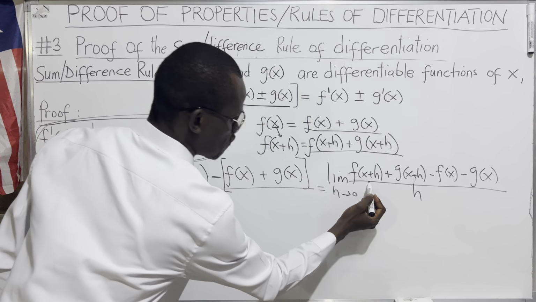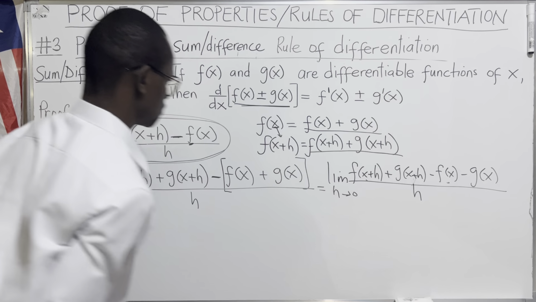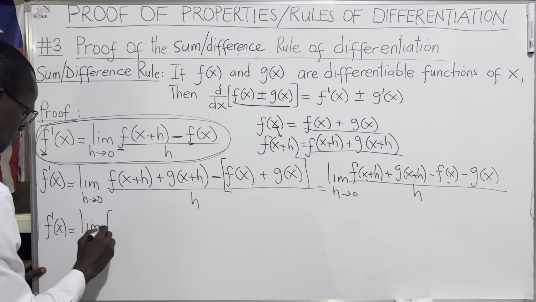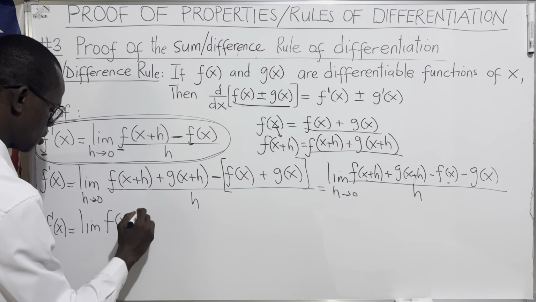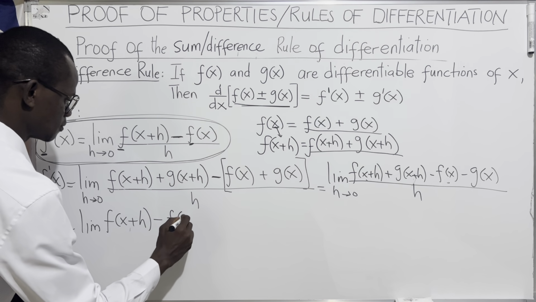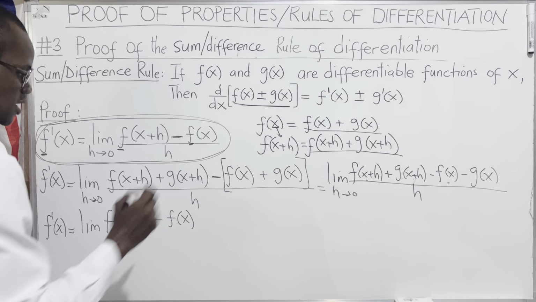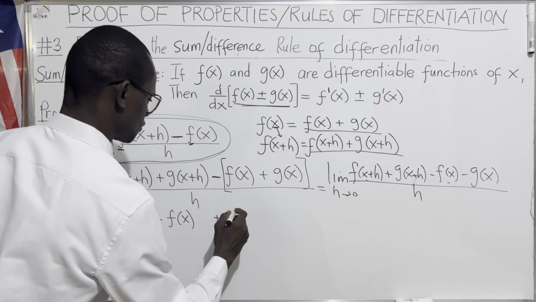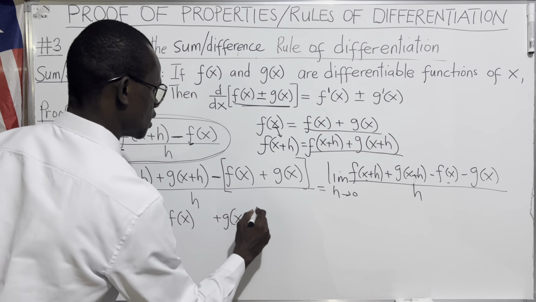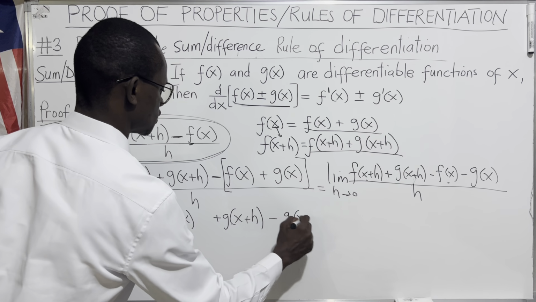So now we can take the first and the third terms, f of x plus h minus f of x, and then we take the second, plus g of x plus h minus g of x.